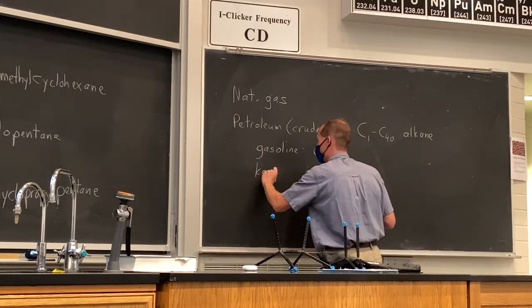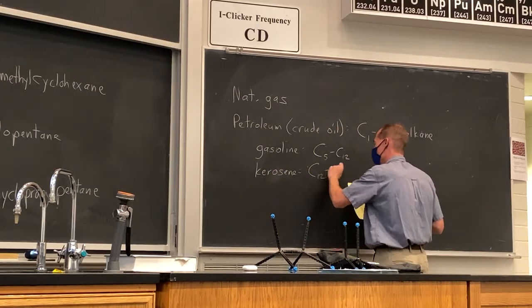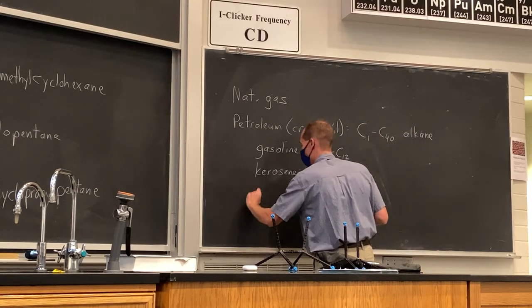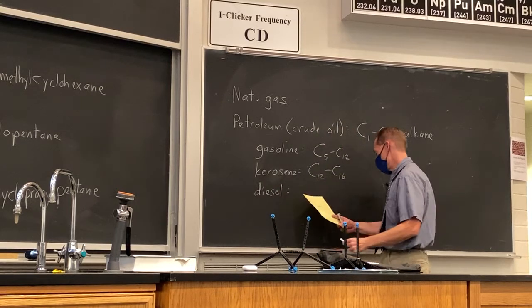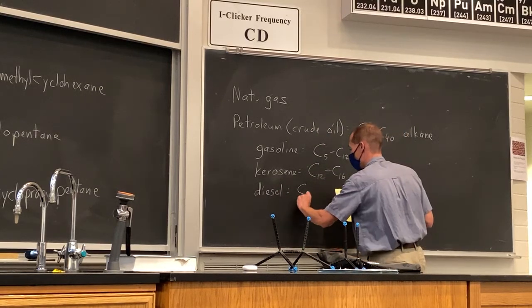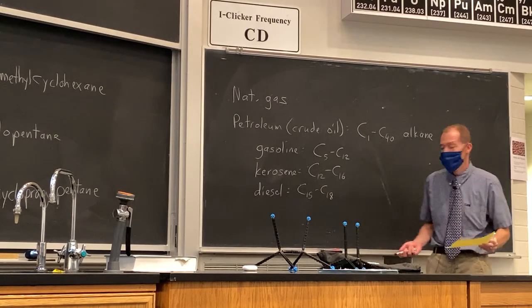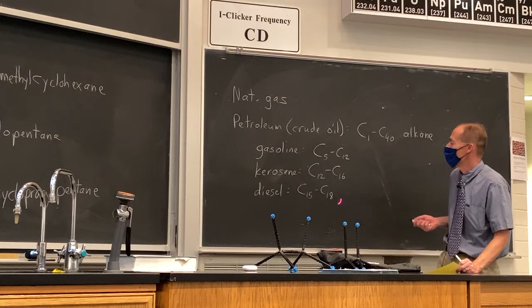And then we have kerosene. Kerosene is the range from 12 to 16 carbons. And then we have diesel fuel, used to power trucks and some cars. And that's the highest of these three most usable fractions, I should say.